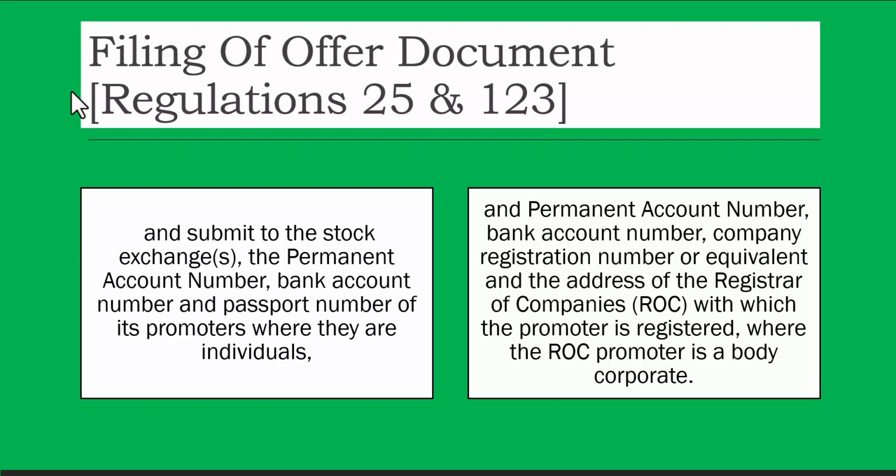In that case, they have to file the permanent account number, bank account number, and the company's number with the ROC, with which the promoter is registered. So they have to file the details with regard to the company. If the promoter is an individual, they give the permanent account number and bank account number. If it's a company, they have to file the company's particulars.